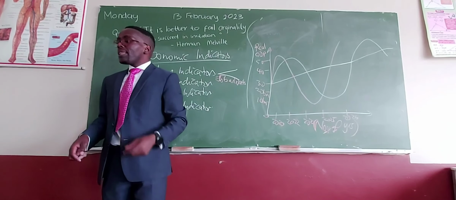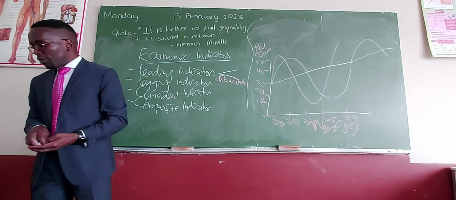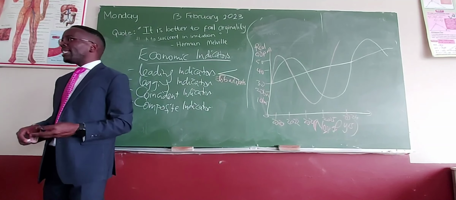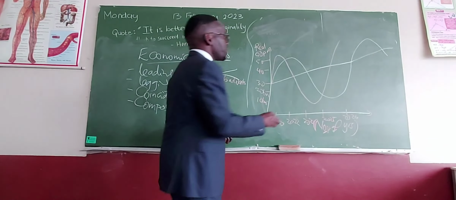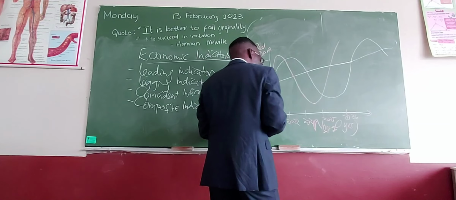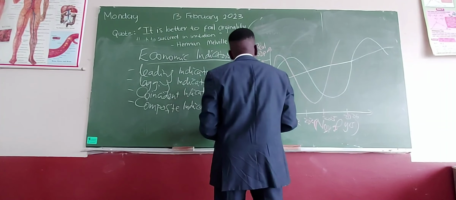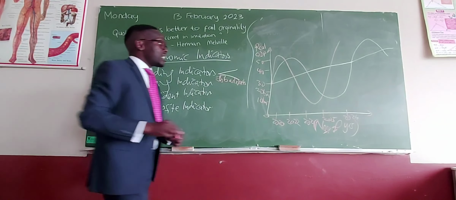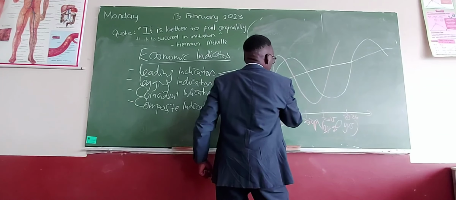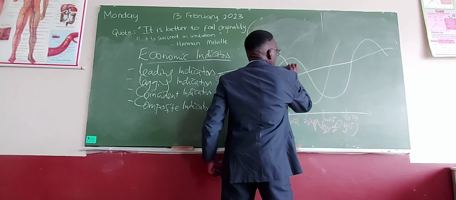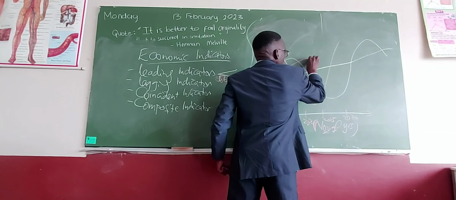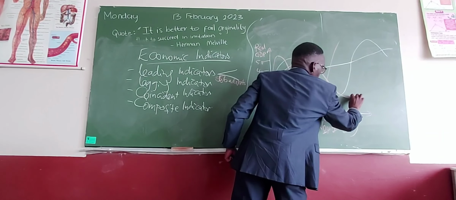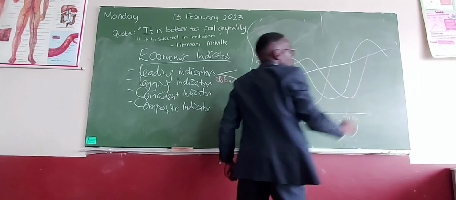Are we together? Then the other type of indicator that we have is what is called the lagging indicator. Now, our lagging indicator generally shows the peak when the economy has already left the peak. And it will reach the trough when the economy is already out of its trough.